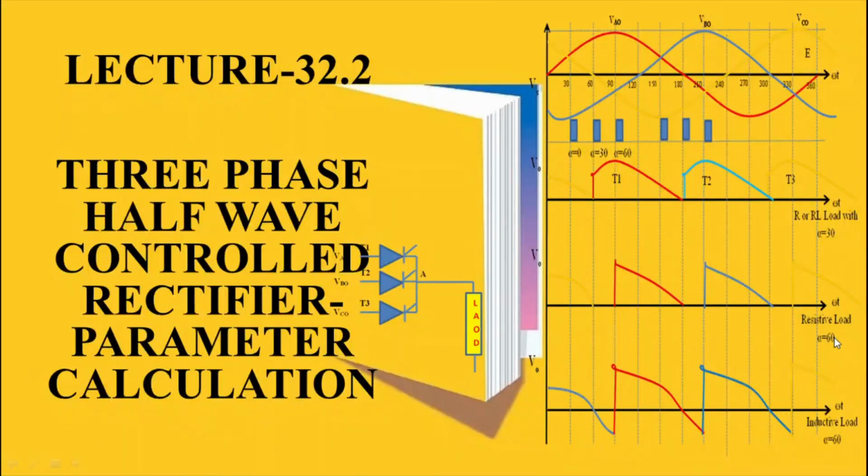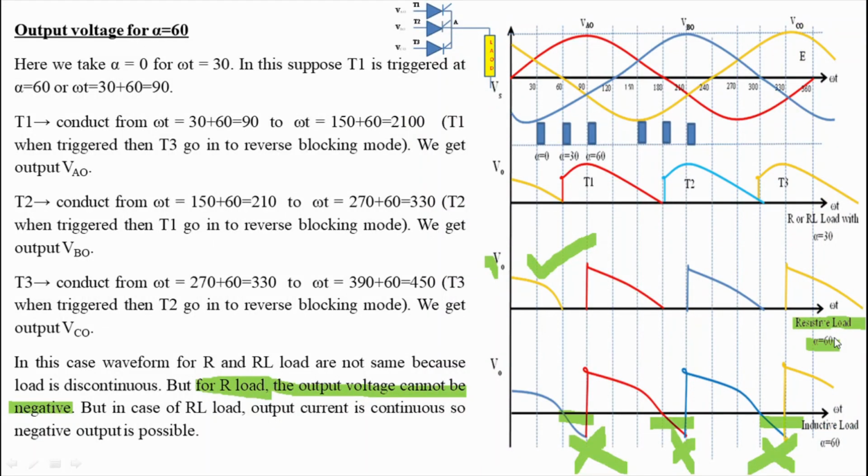We can summarize this lecture as follows: the output voltage is continuous for RL load for any triggering angle. It means if the load is RL type, then this output voltage will always be continuous. But when the load is resistive, then the output voltage is continuous only if alpha is less than or equal to 30 degrees.